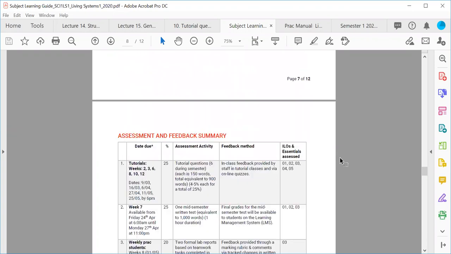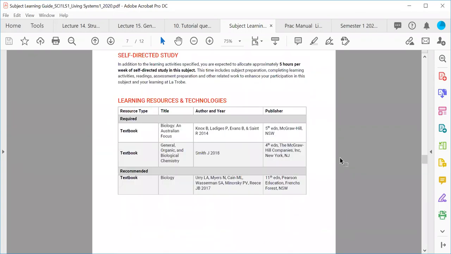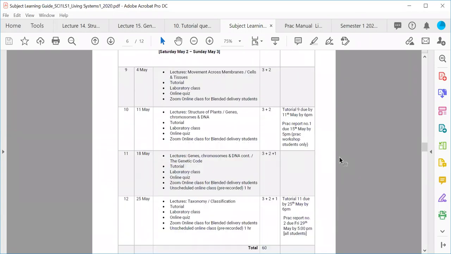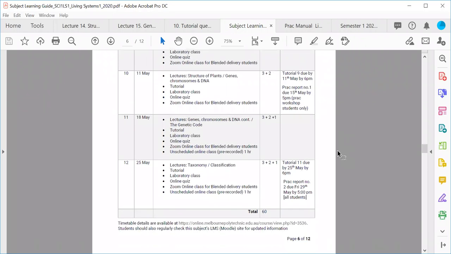All right, so that's the prac reports, and let's go to tutorial questions. There is one more set of tutorial questions assessed, and they will be based on next week's lectures. Well, we've already covered half of one tonight. We'll finish that next week, and then we'll also complete this lecture on the genetic code.